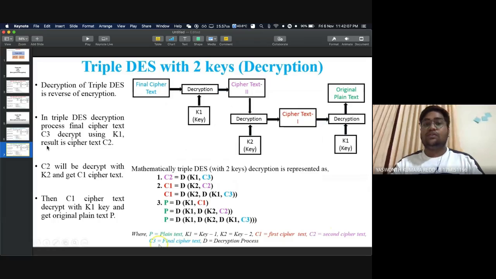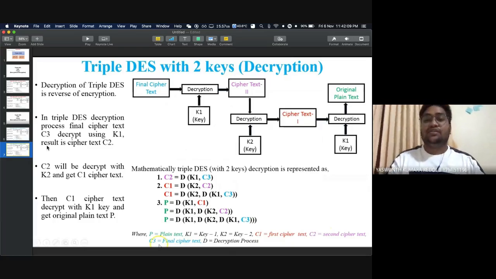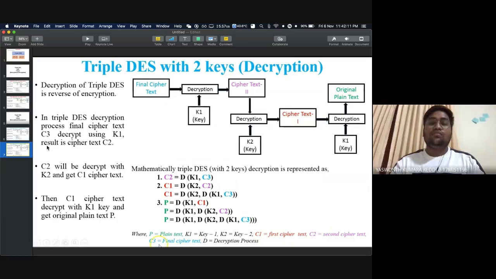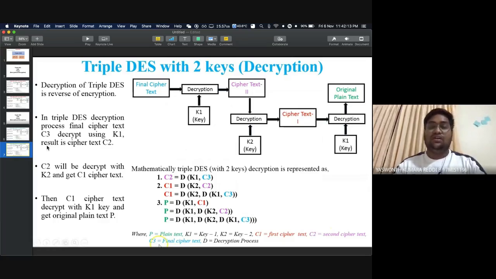That is triple DES with two-key encryption. We have done the encryption part, and now we should do the decryption part. As with three-key encryption and decryption, we do the reverse method here also. The decryption of triple DES is the reverse of encryption.